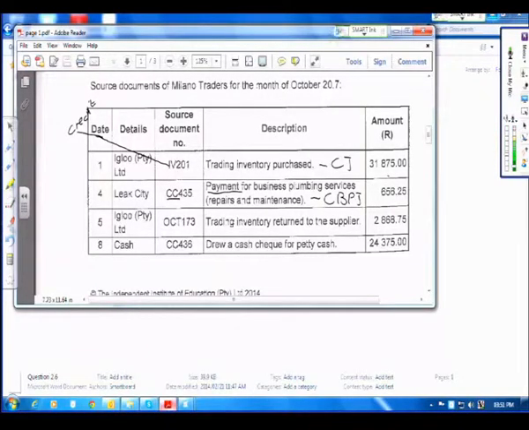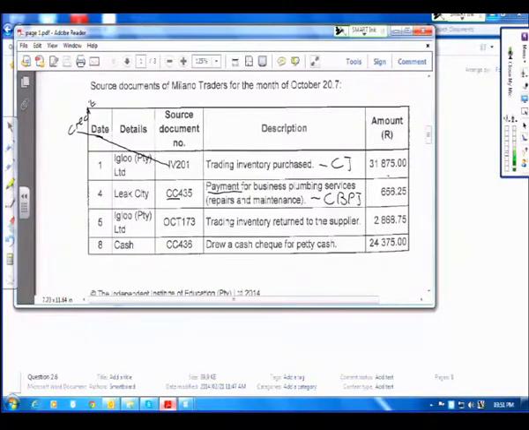All right, so we get to the third transaction here. So they say here we are trading inventory return to the supplier. You see here, we are returning goods to the supplier. Remember, we have the first category, which is transactions involving cash. Group number 2 is when we are buying or selling goods on credit.